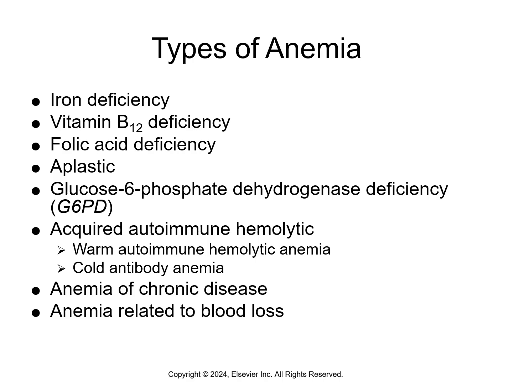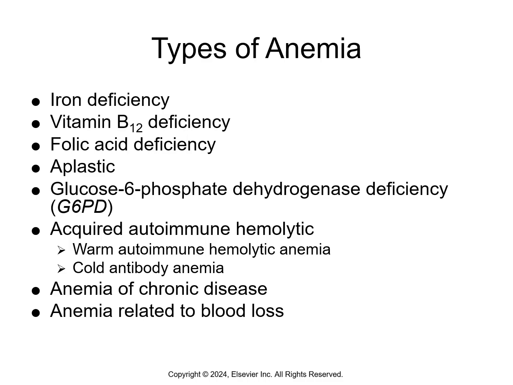So there are different types of anemia. There's three major categories. Let's start with that. There's not enough production, meaning the bone marrow is not making enough RBCs, too much destruction in hemolysis, or maybe from blood loss.